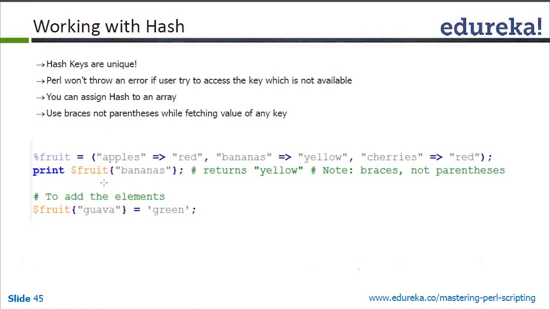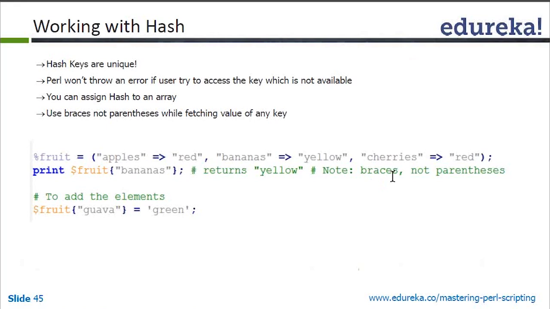But in a hash, it is also print, and instead of the array's at sign, or the percentage sign for a hash, we put just the $, because it's a scalar. But instead of brackets with an index, we put braces, basically parentheses, and inside we put which one we want to print. So this is the index. You can see bananas is the index, and when we want to print the bananas value, it is yellow.